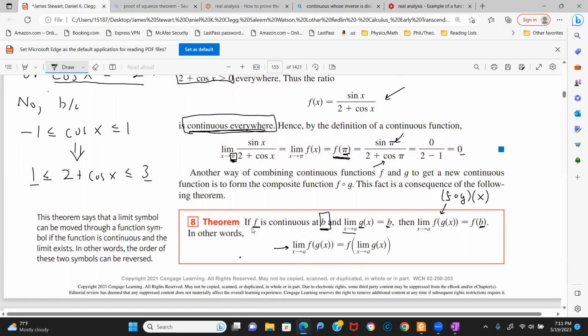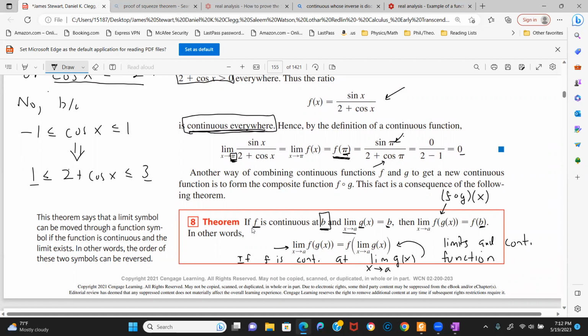In other words, if f is continuous at the limit as x goes to a of g of x, then you get this equation right here. And what this says is that limits and continuous functions commute. These two operations commute.